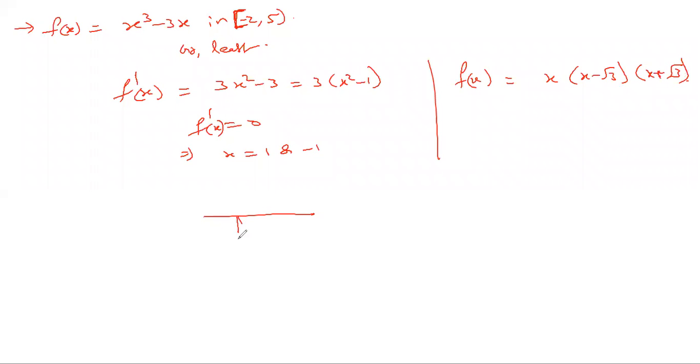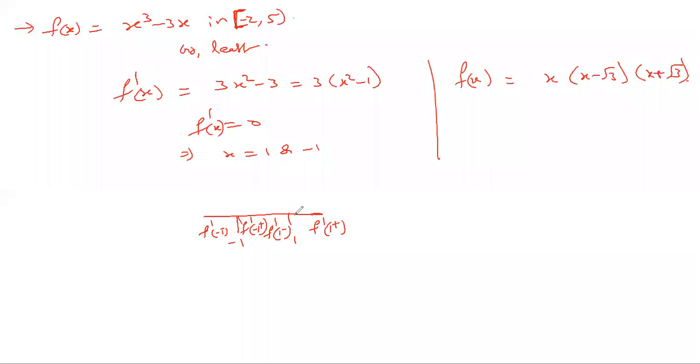Next, consider here -1, here 1. So f dash of 1 plus, f dash of 1 minus, f dash of minus 1 plus, f dash of minus 1 minus. Let us discuss the sign changes.